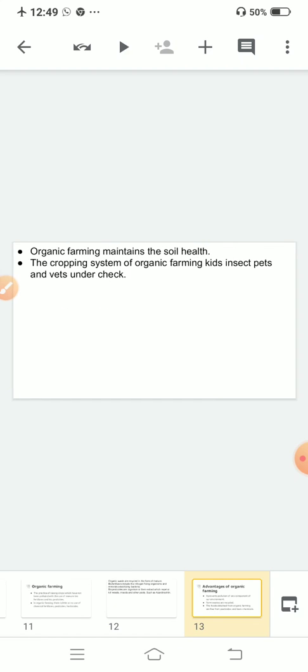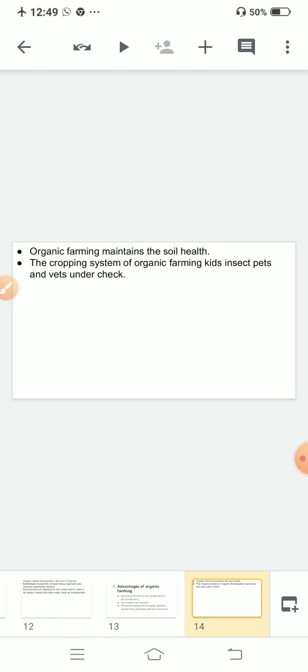First point is it prevents pollution of any component of our environment. Farm wastes are recycled. Third is the food obtained from organic farming is free from pesticides and toxic chemicals. Fourth point is organic farming maintains the soil health.